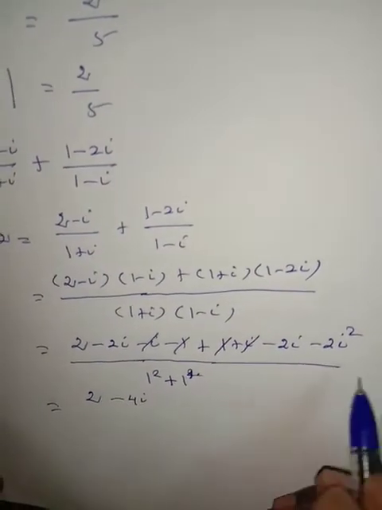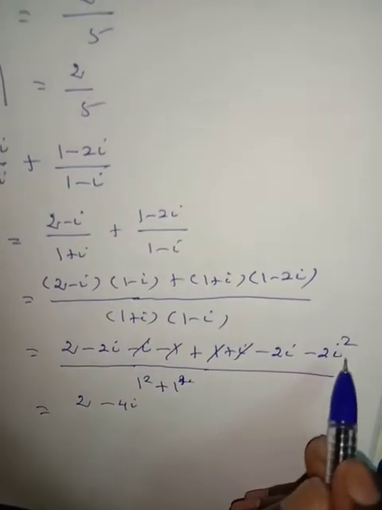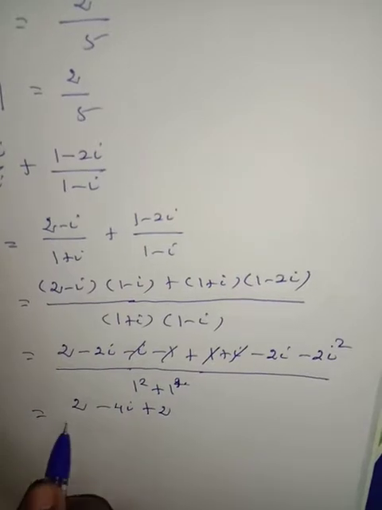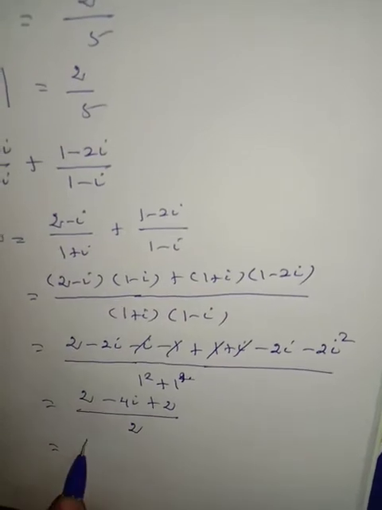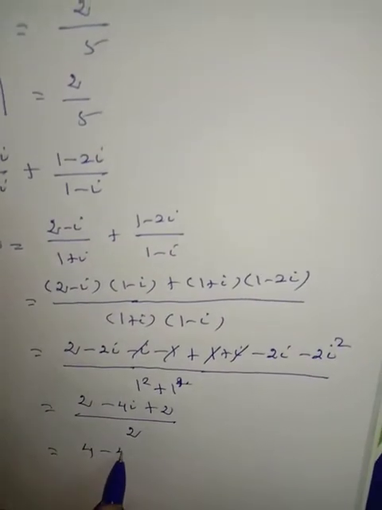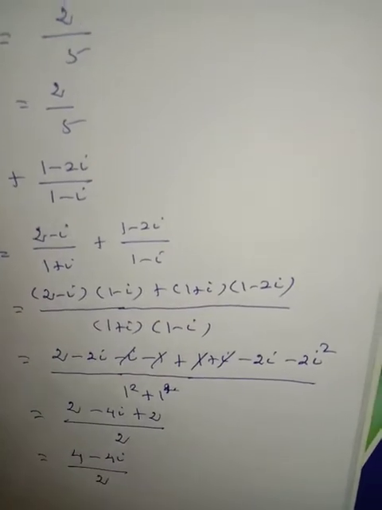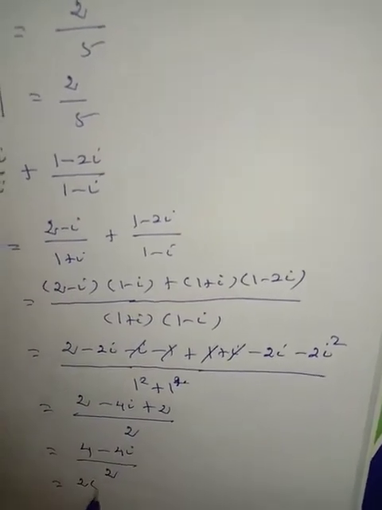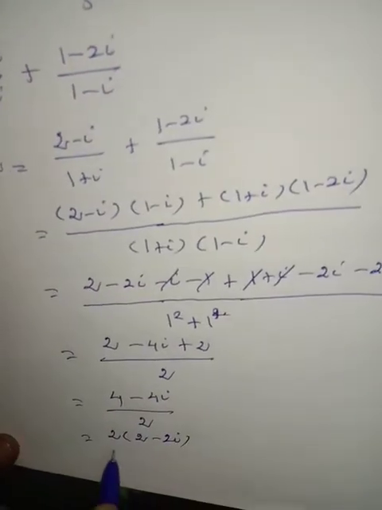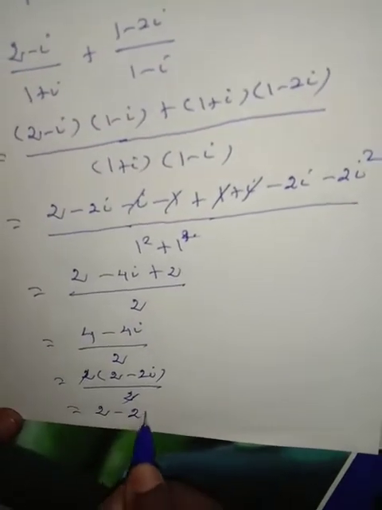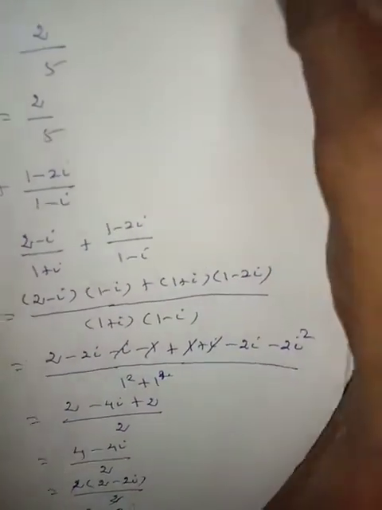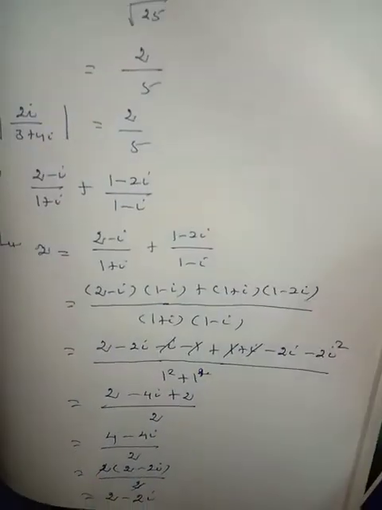The denominator is 1 + 1 = 2. So (4 - 4i) divided by 2, take common 2 out, we get 2 minus 2i. So z is 2 minus 2i.